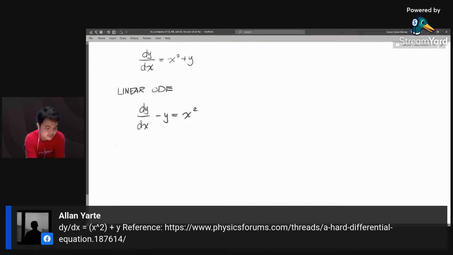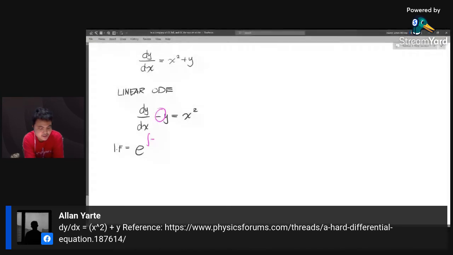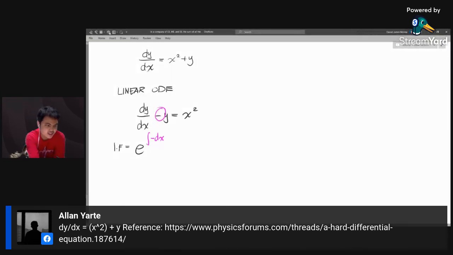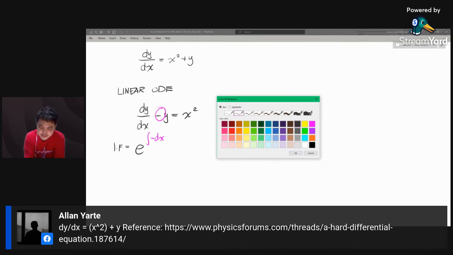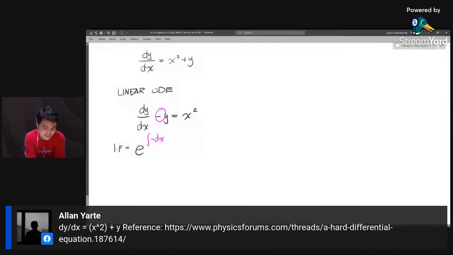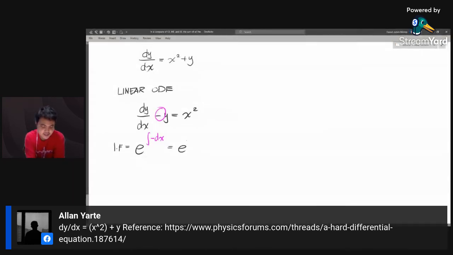Kailangan natin ngayong kunin ay yung integrating factor. Integrating factor, di ba? e raised to kung ano yung nakamultiply kay y. So, e raised to the integral of negative 1 dx. Negative dx. So, we have e raised to negative x. Wala muna yung plus c, mamaya na yun.